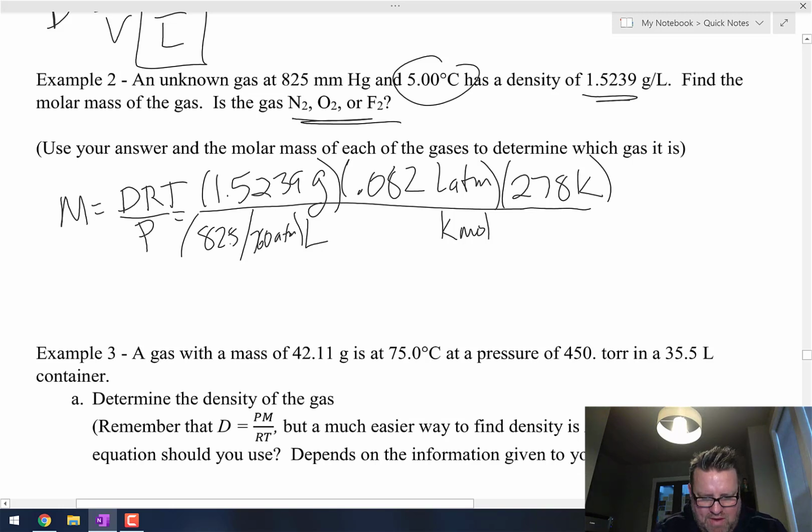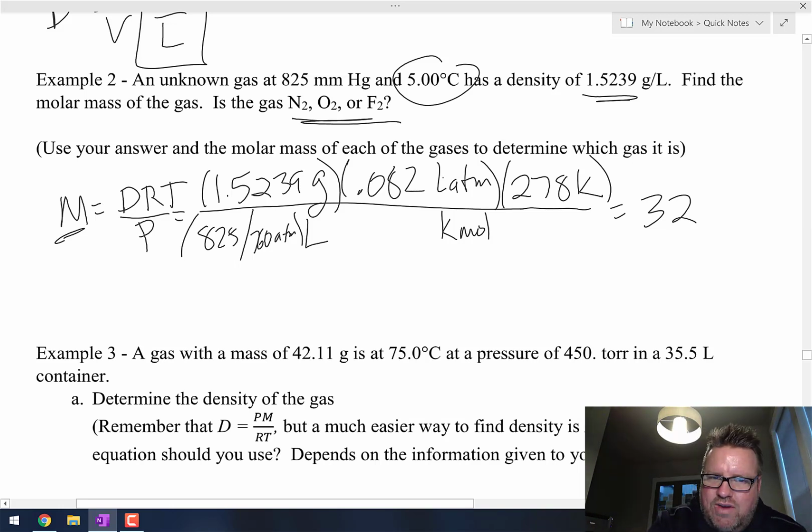So 1.5239 times 0.082 times 278 divided by, and then I'm going to put this part in parentheses, 825 divided by 760 equals 32. Now, 32 what? Well, it's molar mass. Molar mass is grams per mole.